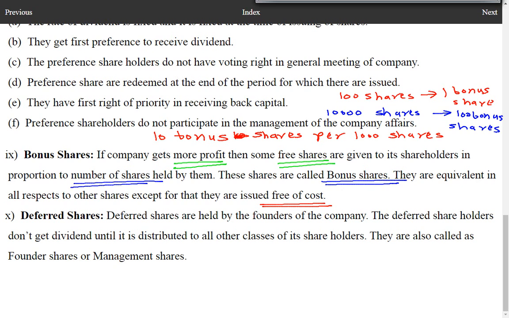So bonus shares are issued in proportion to number of shares held by existing shareholders.